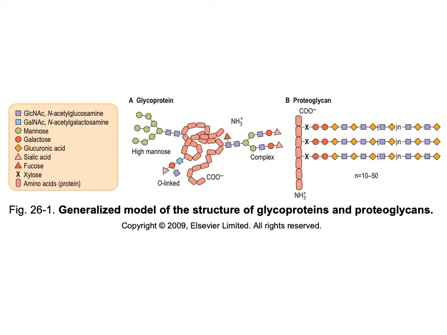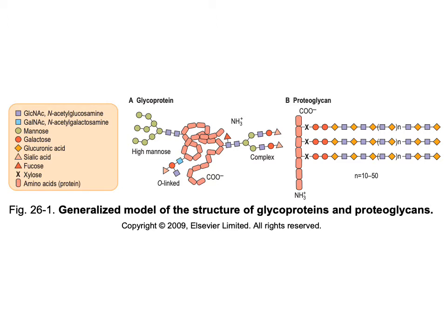And you can see some of them might look somewhat familiar, particularly mannose, galactose, but other sugars are derivatives, and so they have been modified in some way, sometimes to put a nitrogen on them, an acetyl group on the nitrogen. Some of them are acidic, like sialic acid, but these are the main components of both of these types of molecules.